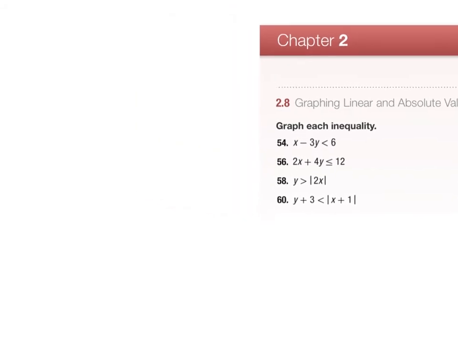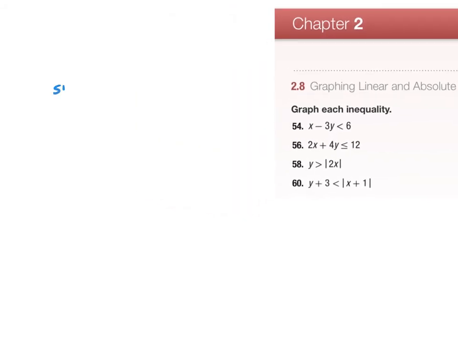What do we need to do first to plot our line? We need it to be y equals. Perfect. So I'm going to move my 3y to the right side and subtract 6 on both sides.